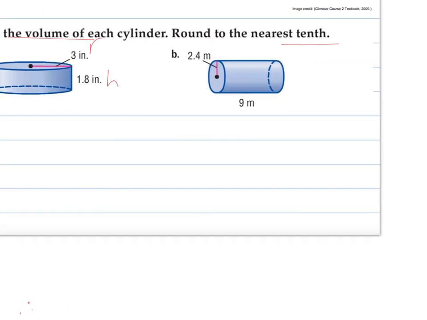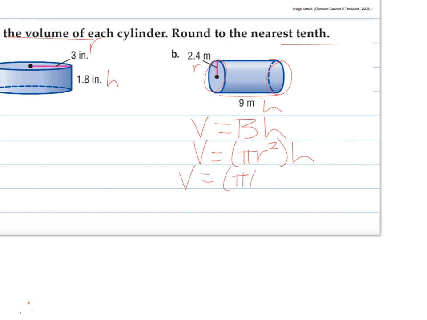And here we go. Again, you work at your own pace. You pause when it goes too quickly. Volume is base area times the height. Repetitiveness will help you out in the long run. Base area is of a circle. My radius is 2.4. My height from base to base is 9. Imagine turning the nuts on its side. My radius of 2.4.